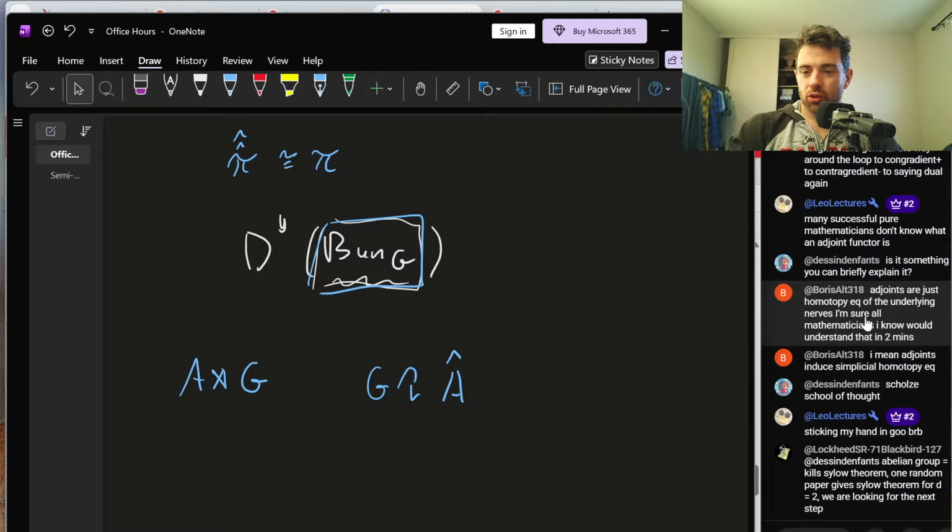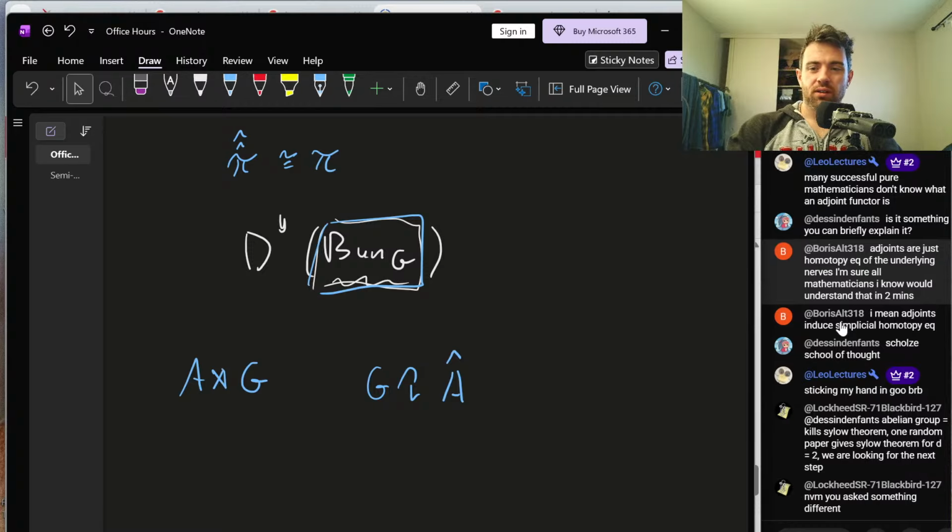Adjoints are just homotopy equivalent of the underlying nerve? Huh? You're sure all mathematicians would understand them in 2 minutes? Yeah. Well, I don't know. Would some specialist in partial differential equations who's never had any use for the word category?